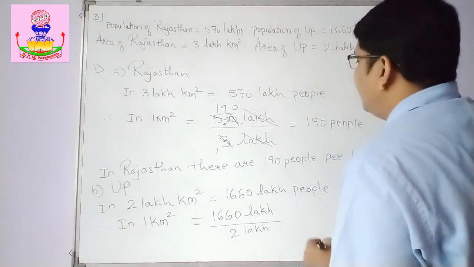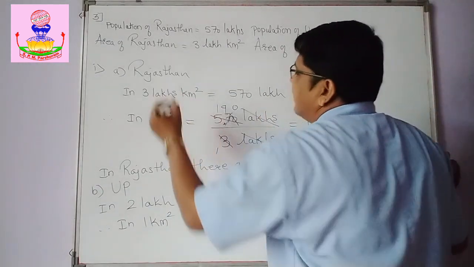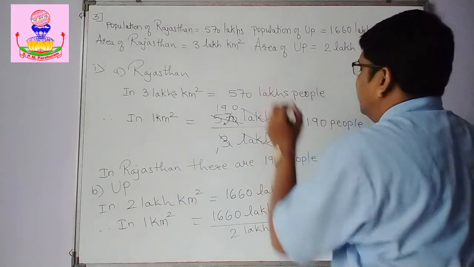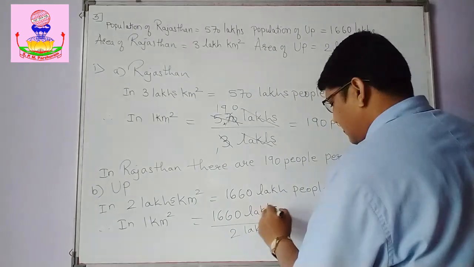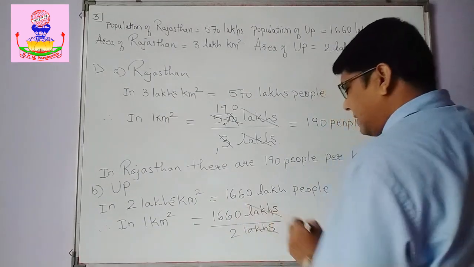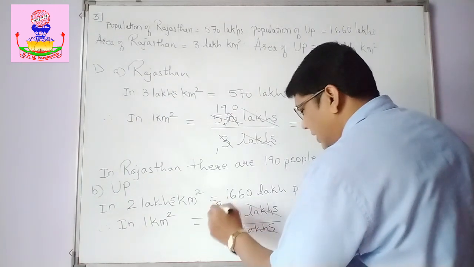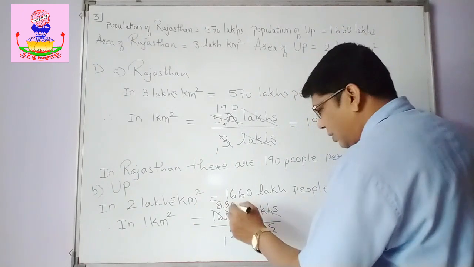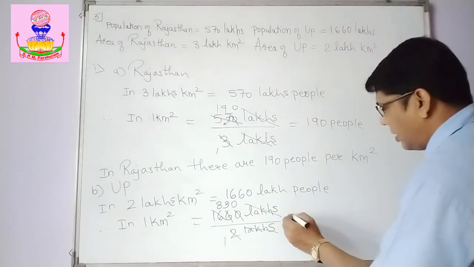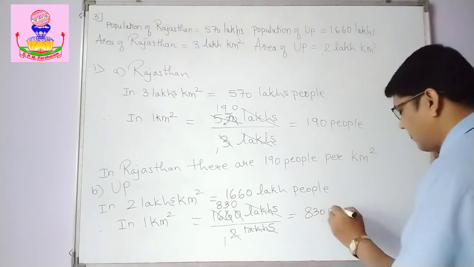So that will get, I have forgotten here the S, 2 lakhs kilometer square. So lakhs get cancelled. 2 ones are 2, 2 eights are 16, 2 threes are 6, 2 zeros are 0. So how many people are there? 830 people.